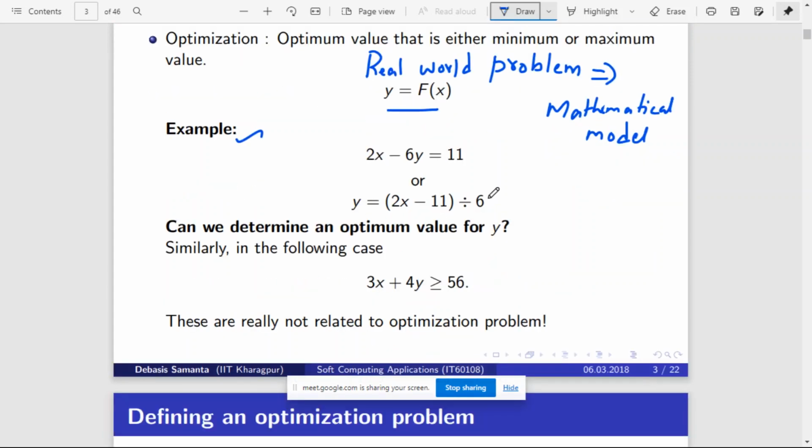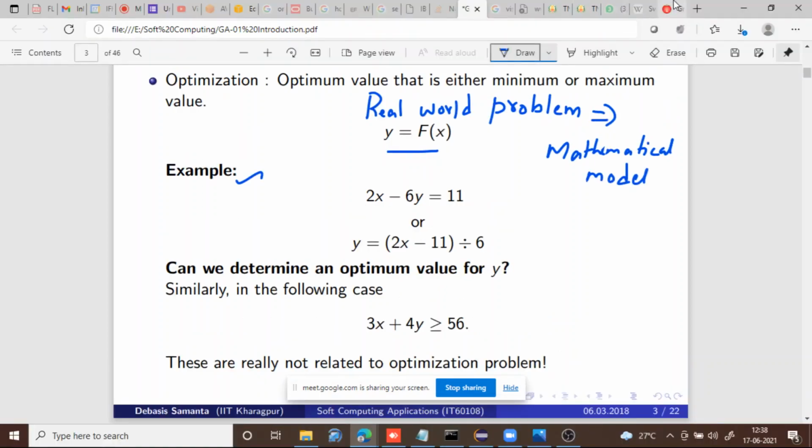So if you plot a graph for this, I'll show you. I found a website where a graph can be plotted for a given equation. So it is y is equal to (2x minus 11) divided by 6. If you plot a graph for this, how will it look?